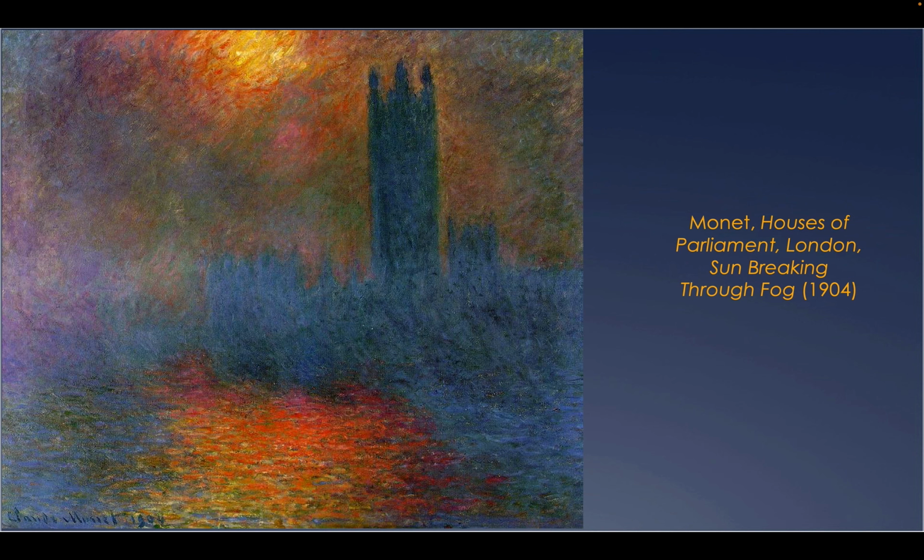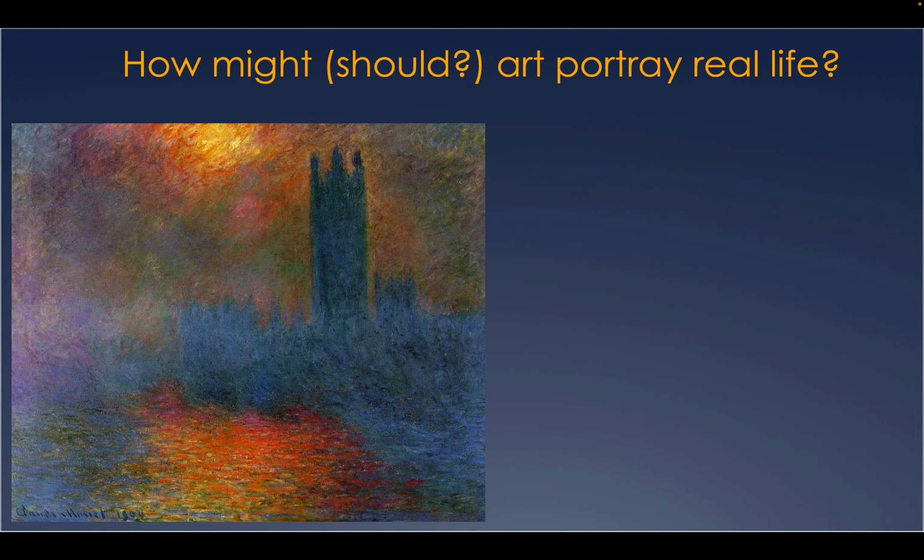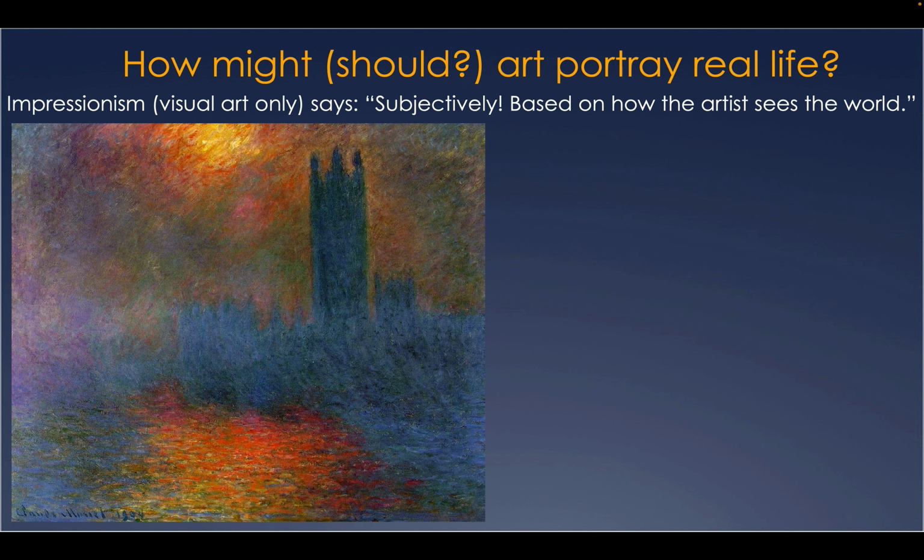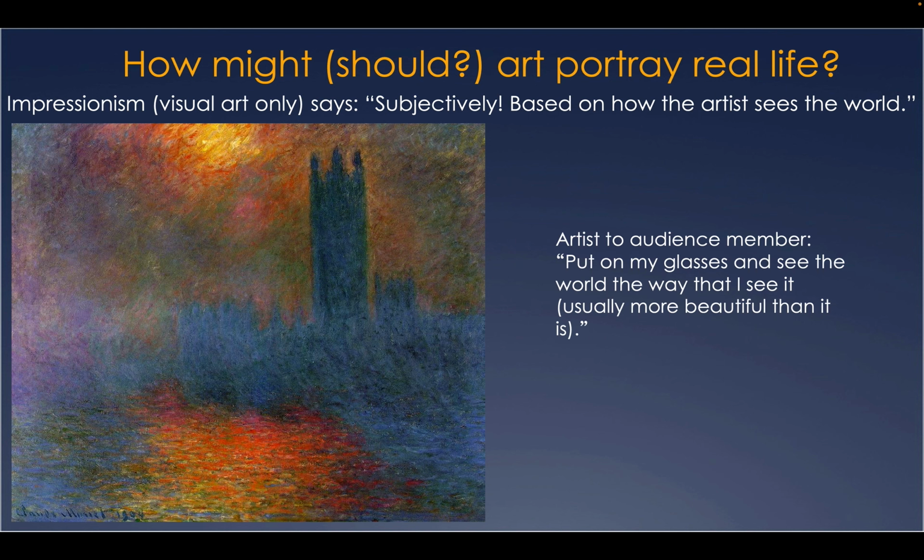He is sitting there saying, why don't we portray life subjectively? Why don't we portray the world based on how the artist sees it? Because you know what, Millet, or you know what, Ibsen, we can all take a photograph, but not everybody sees the world the way that I do, right? So the artist says to the audience member, put on my glasses and see the world the way I see it.